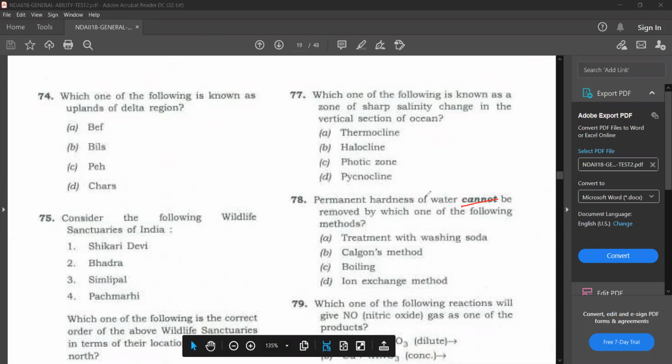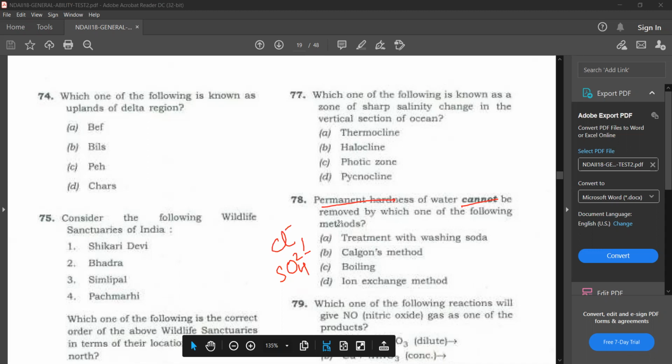Okay, so permanent hardness of water is mainly due to the presence of chloride and sulfate ions. Because of the chloride and sulfate ions, permanent hardness occurs. So we need to remove these ions so that permanent hardness can be removed.